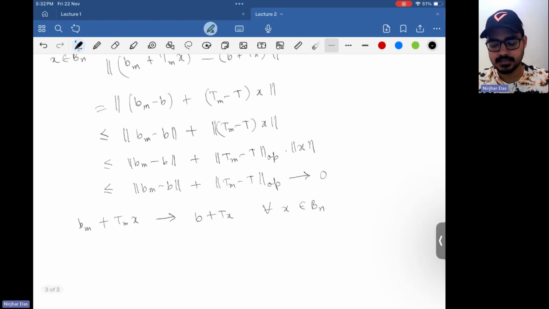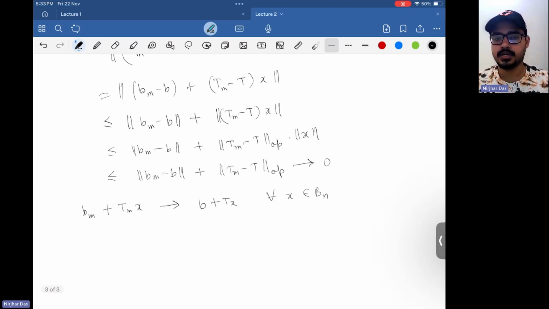So if you look at a sequence of points on this sequence Bm plus Tm of ball n, then those points actually sequentially converge to the corresponding point on the ellipsoid given by B plus T of Bn.